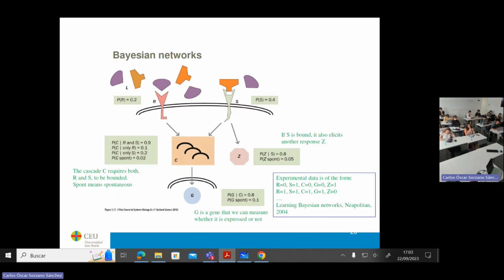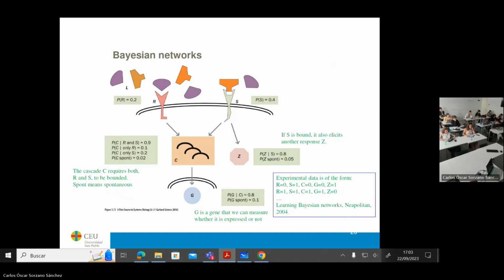This kind of signal happens with probability 0.4, and then you define all the conditionals, and you can compute whatever probability you want. So you can say, okay, what is the probability that the gene is not activated if there are these signals, or the signals are not present, or there is a problem in the cascade, or whatever.